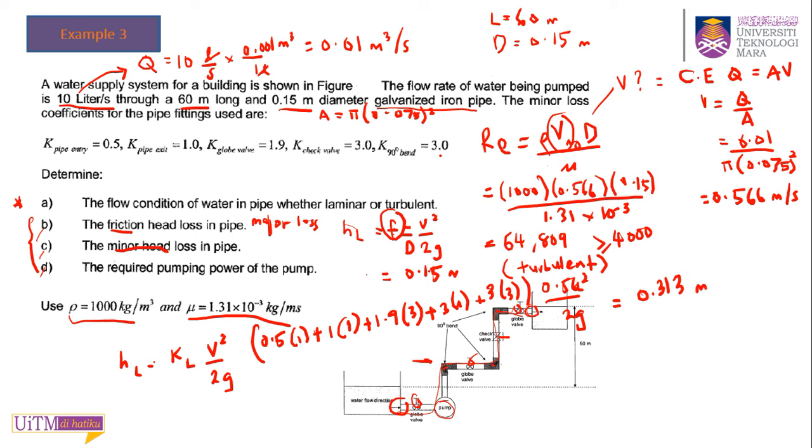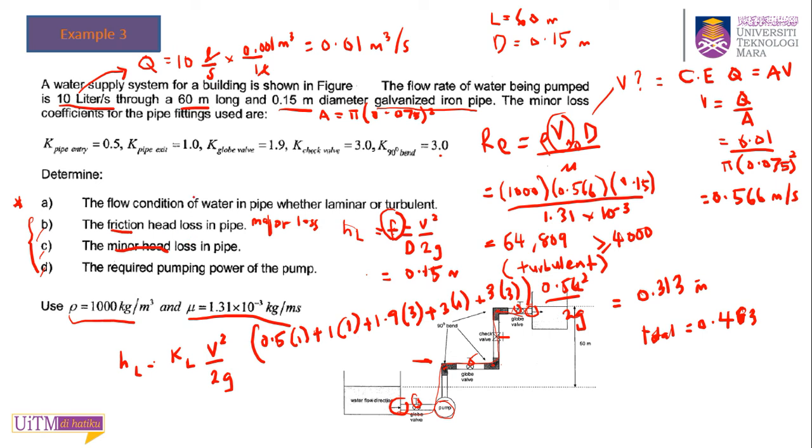So add both the friction head loss with your minor loss, and this will give you the total head loss. The total head loss will be equal to 0.63, okay, so that is your total head loss if they ask you. In this case they don't ask you.